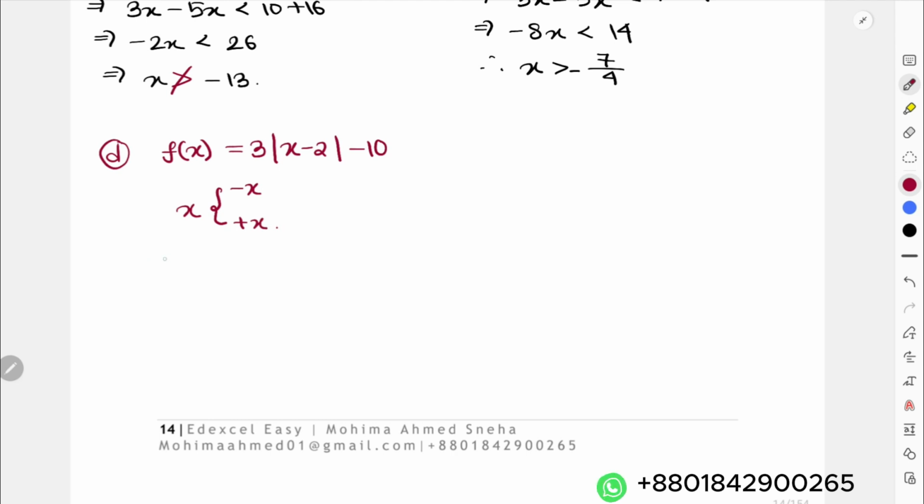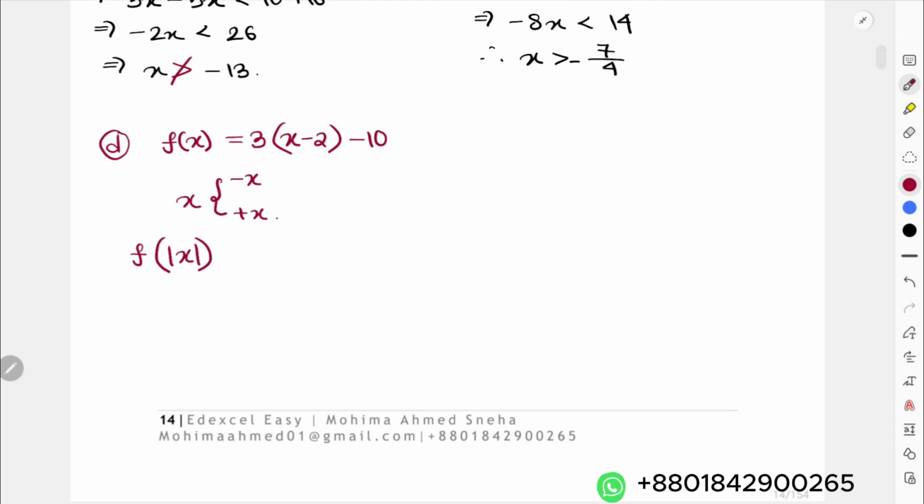So you can write this time as 3. Again, this time your f of x actually doesn't have any modulus, right? You're talking about f of modulus of x. That means f of x can be negative, like your y value can be negative, but your x value over here can never be negative.